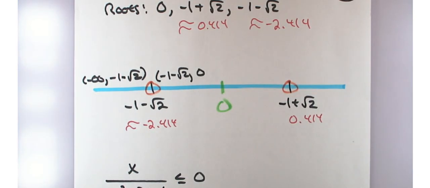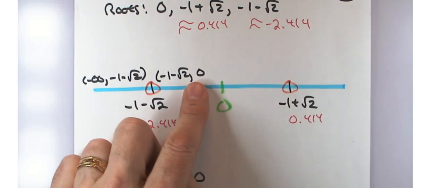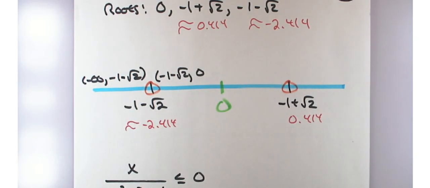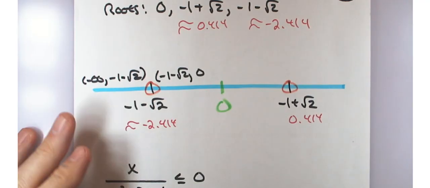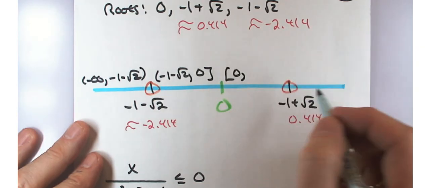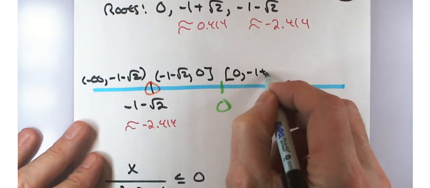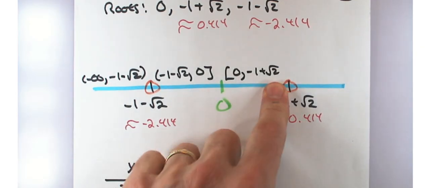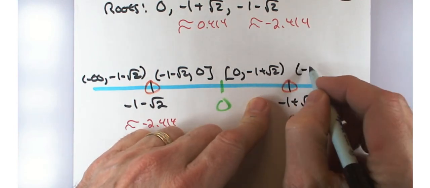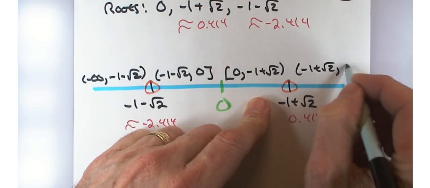Dominic? Bracket. Nice, thank you. And then likewise over here, negative 1 plus the square root of 2. Bracket or parenthesis? Parenthesis. And then one more parenthesis as we go on all the way out to infinity.